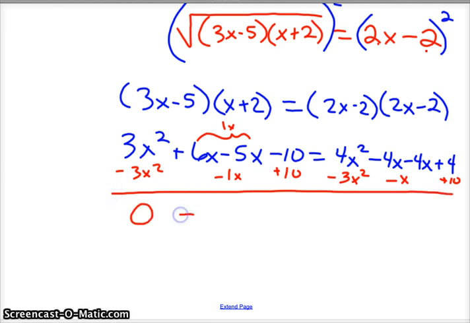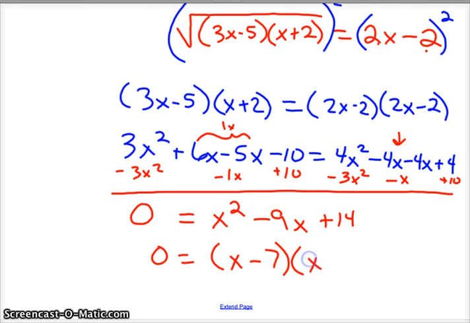So 0 equals, kind of shifting everything over, 4 minus 3x squared is just x squared. Negative 4x here in the middle, negative 4x and negative 1x is negative 9x. And positive 14. And so this factors to x minus 7 and x minus 2.